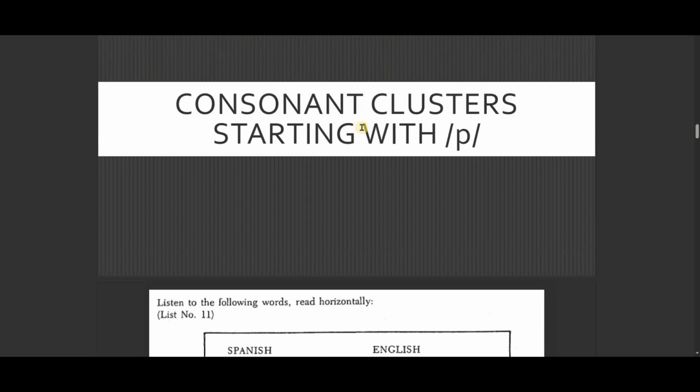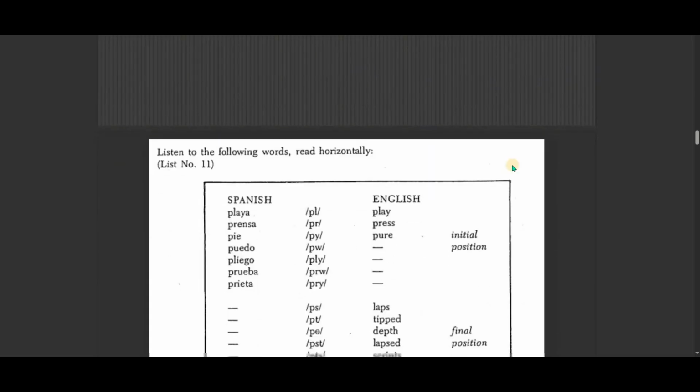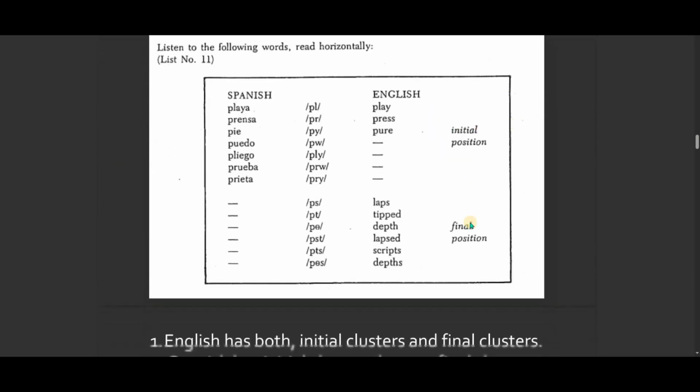We should already know what a cluster is, right? If you don't remember, a cluster is a sound made out of two or more consonant sounds. So that's why we have PL, PR, right?